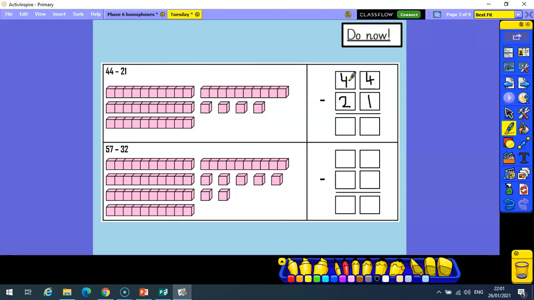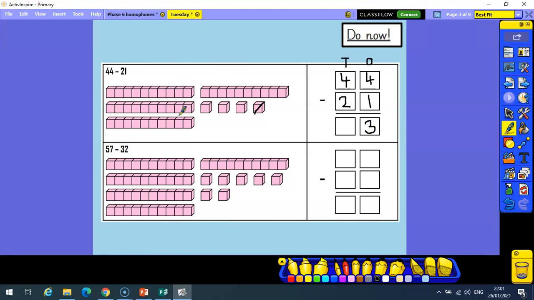I don't need to make both numbers because I'm not going to put them together. I need to make the first number and take away the second number. Where do I start? Do I start in the tens column or the ones column? The ones column, that's right. So I have 4 take away 1 is 3. And then the tens column says 4 take away 2.